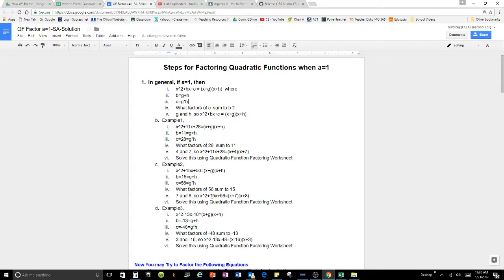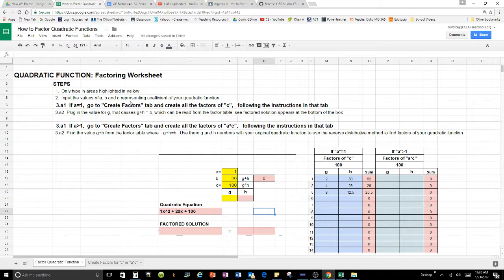Now, if, for example, you are not good at keeping numbers like that in your head, and you don't remember your multiplication tables, you could have gone to your quadratic function factoring worksheet, and we could have just put in our numbers for a, b, and c here.